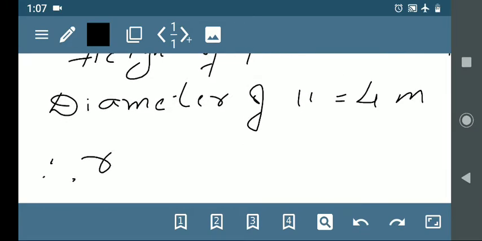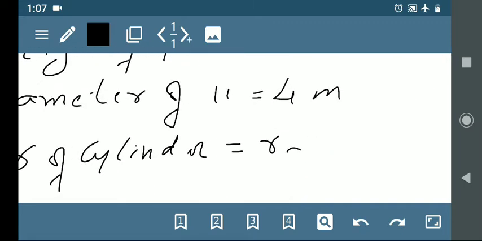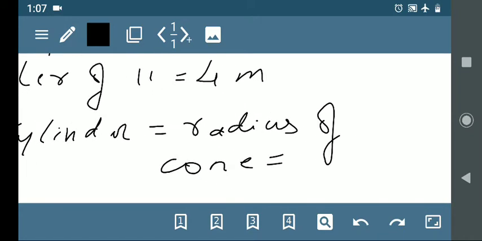Therefore radius of cylinder is equal to radius of cone is equal to half of the diameter, that is 2 meters.